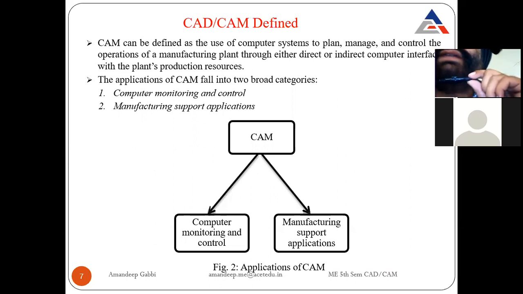As I gave you the example of a nut, its side has to be flattened, it has to be drilled, and a thread has to be cut. There are three different operations to be done on a particular nut. So manufacturing support application is how to manage those processes, which process is to be done earlier, and which process is to be done afterwards.